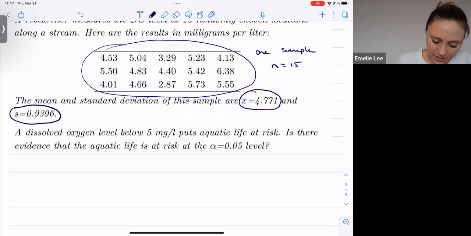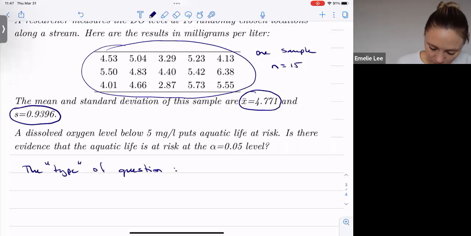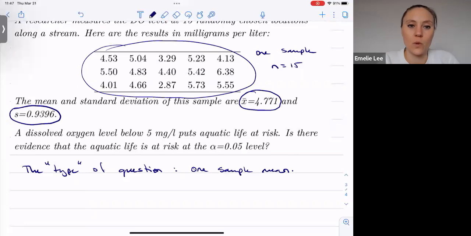So given all this, the type of question is one sample mean. It's a one sample means question.